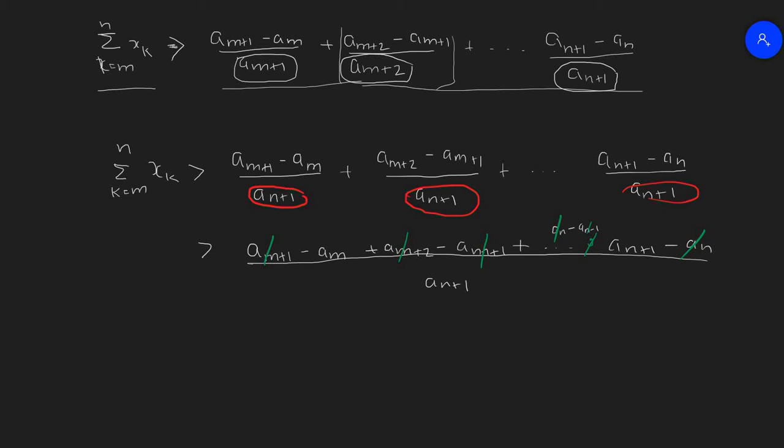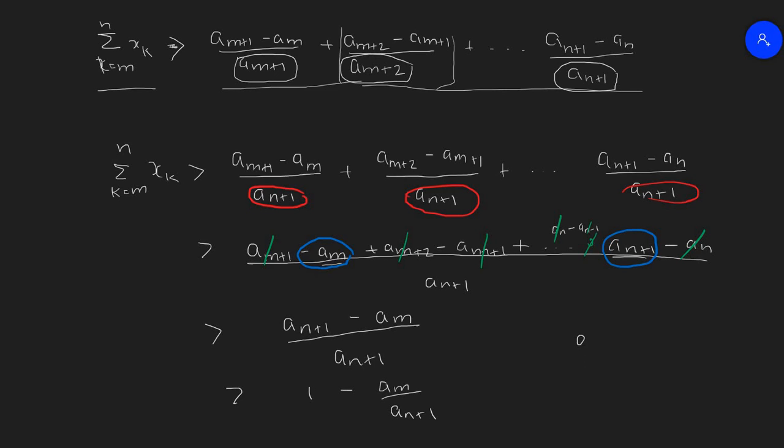The only remaining terms are minus a_m and a_(n+1). So the inequality becomes (a_(n+1) minus a_m) divided by a_(n+1). This is positive, this is negative, so we can take that term outside. It will be 1 minus a_m by a_(n+1).